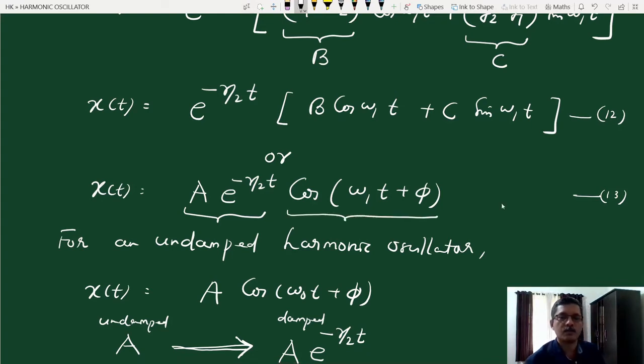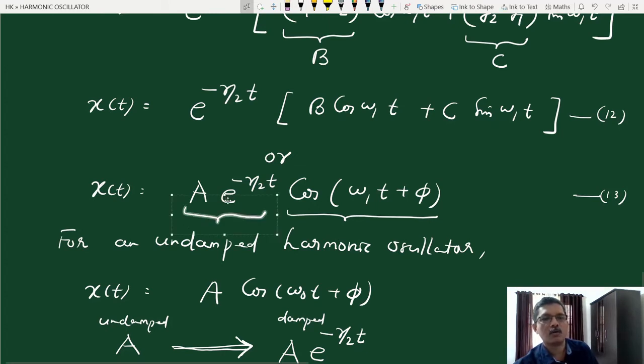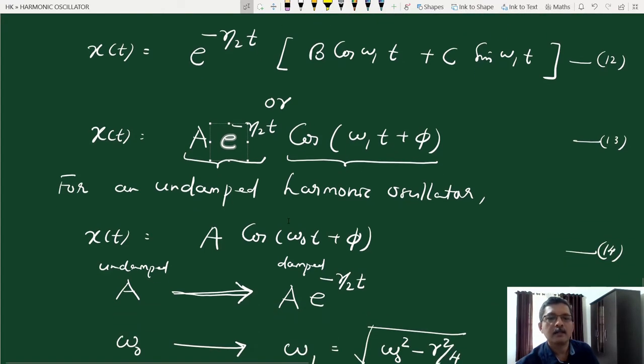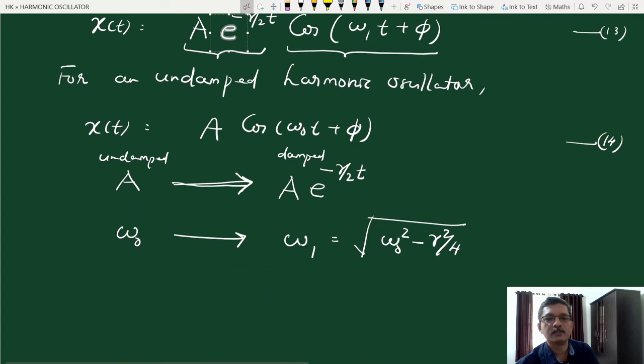It's an oscillatory solution, but the amplitude of oscillations is no longer constant. It exponentially decreases. That is the main thing. So in the underdamped case, the solution is an oscillatory solution with an exponentially decreasing amplitude. And second, the frequency of oscillation is also less than the natural frequency of oscillation. It is less than omega 0.